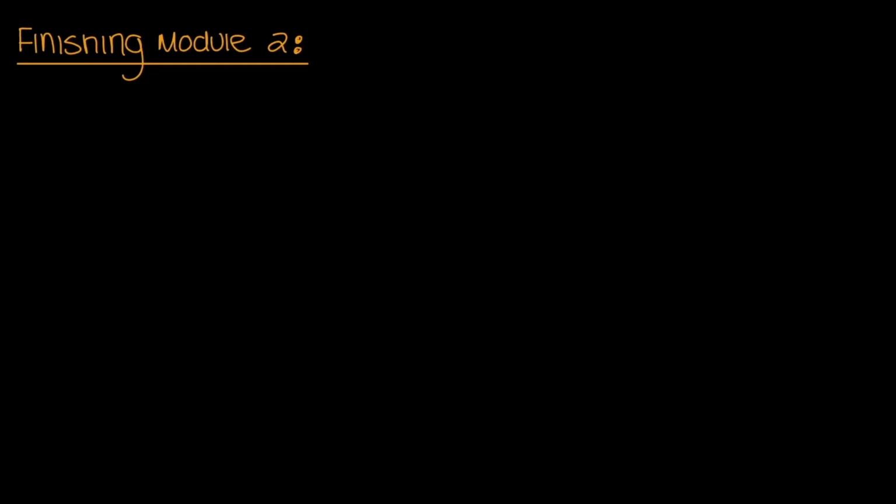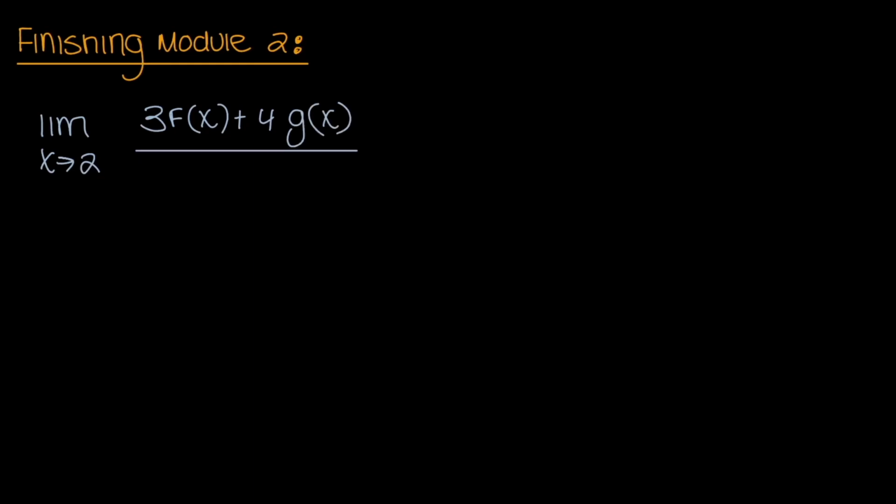So let's say I was to tell you to find the limit as x approaches 2 of 3f(x) plus 4g(x) over h(x). Now you can go ahead and plug in with the givens that are given.